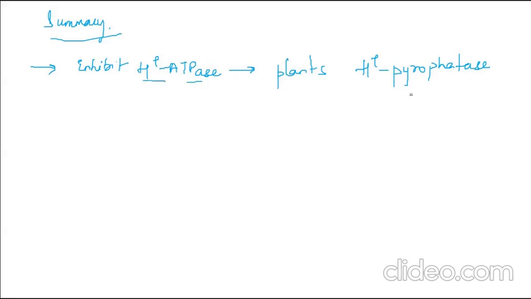It helps to create the proton gradient in a situation when the ATP supply is depleted. Because of chilling, when the ATP supply is depleted and H plus ATPase cannot work, H plus pyrophosphatase works.